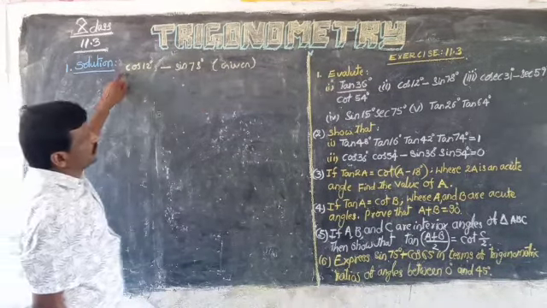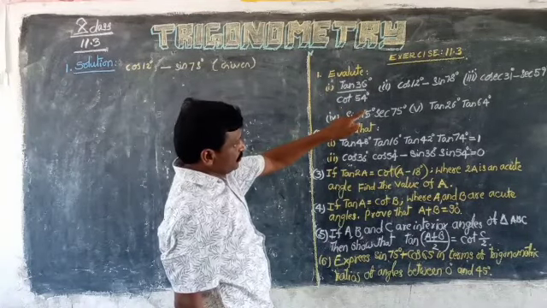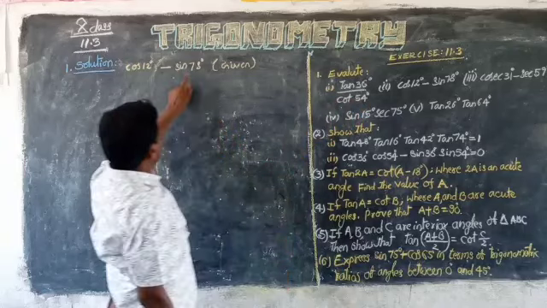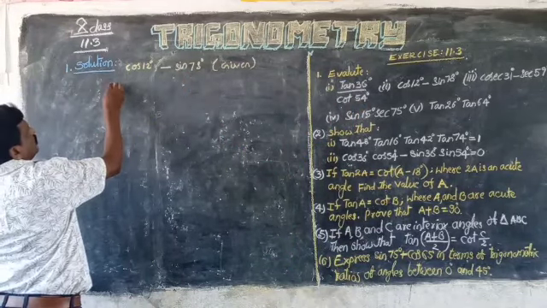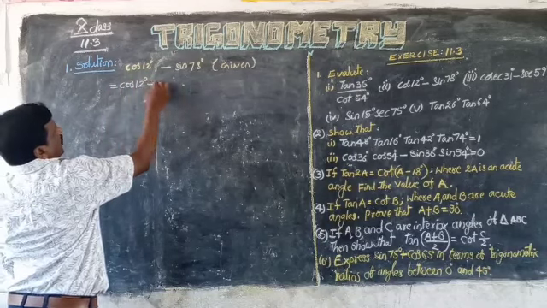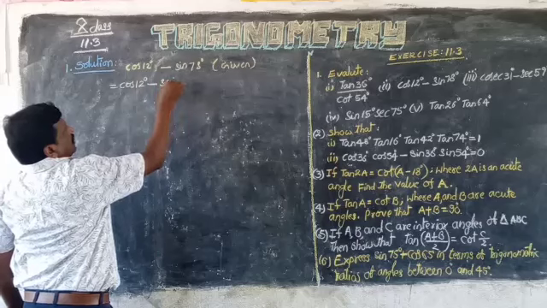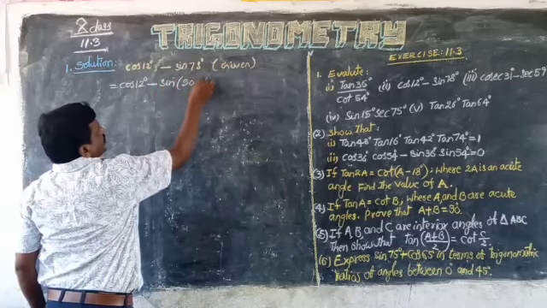Second sum: cos 12 degrees minus sin 78 degrees. Solution: cos 12 degrees minus sin 78, and sin 78 is sin 90 minus 12 degrees.